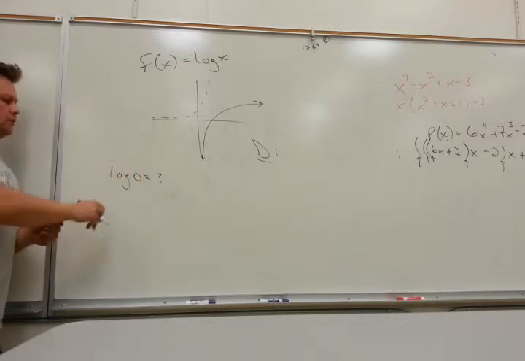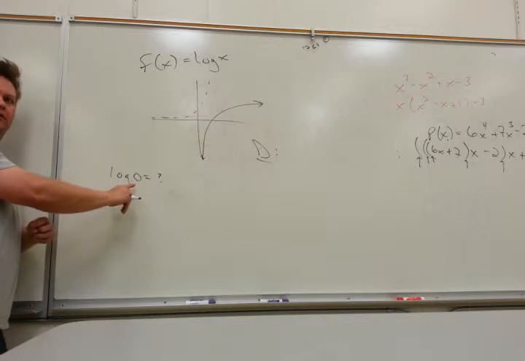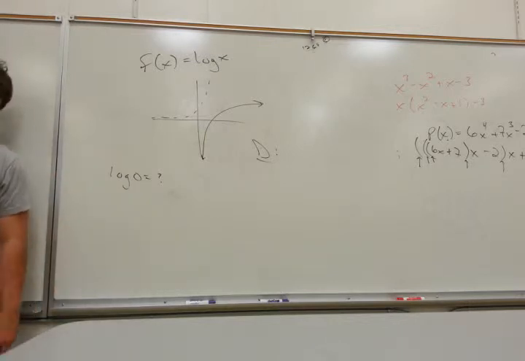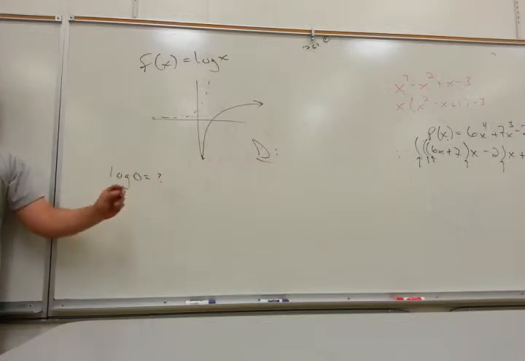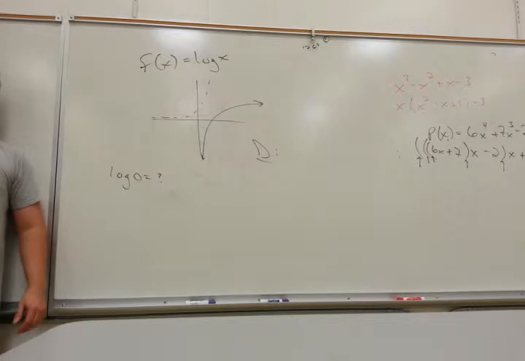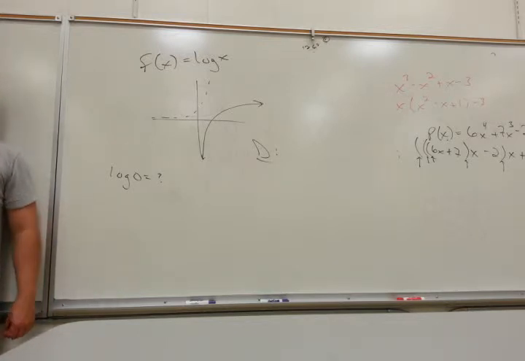It'd have to be the power I raise 10 to in order to get 0. And can you raise 10 to any power and get 0? I cannot raise 10 to a power and get 0. I always want somebody to go, you can.